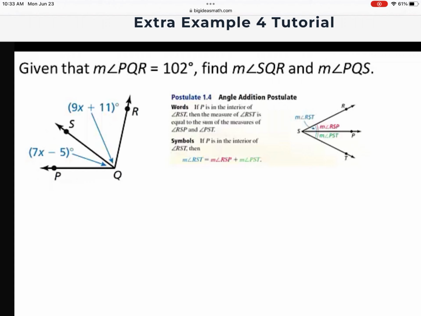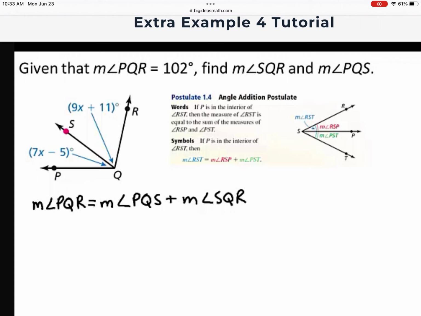From the given diagram, you can see that S is in the interior of angle PQR. So, by the angle addition postulate, the measure of angle PQR is equal to the measure of angle PQS plus the measure of angle SQR.